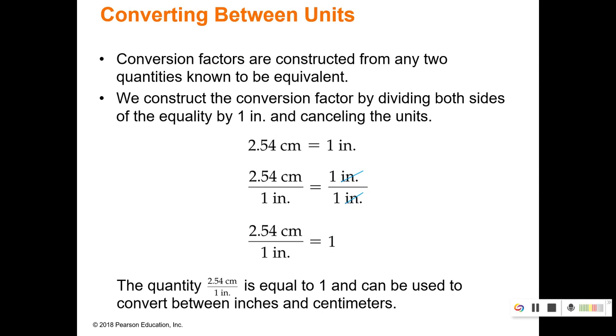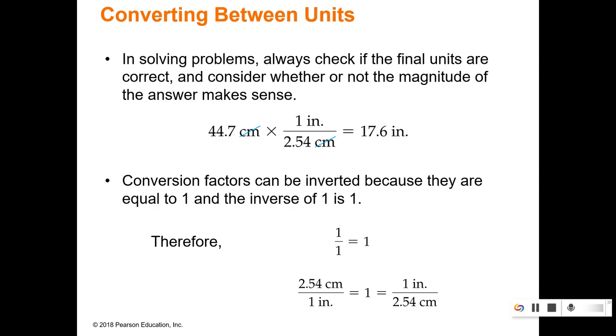So here we've got that conversion factor of inches to centimeters. We can either have it as 2.54 centimeters over 1 inch, or we can flip that conversion factor. And you just use it whichever way you want to cancel out your units.